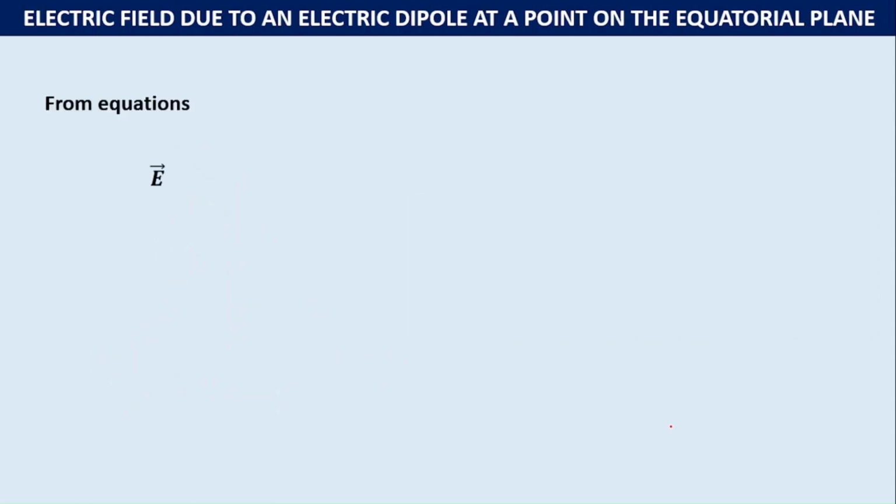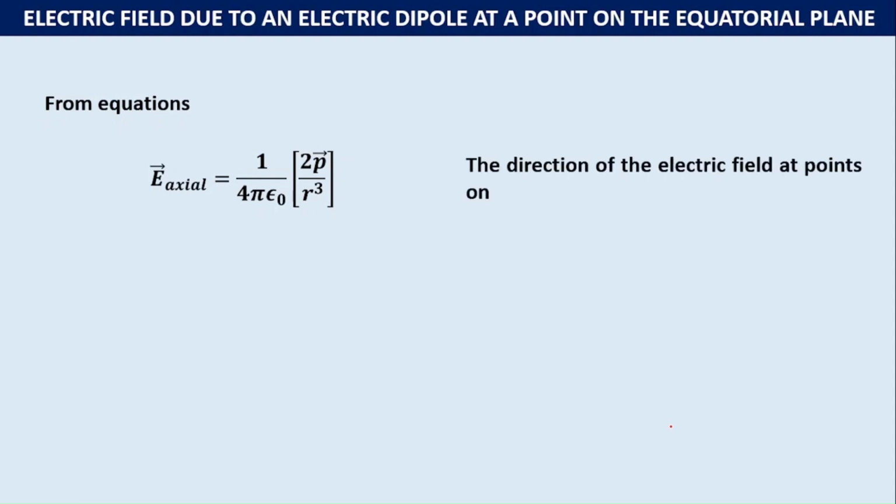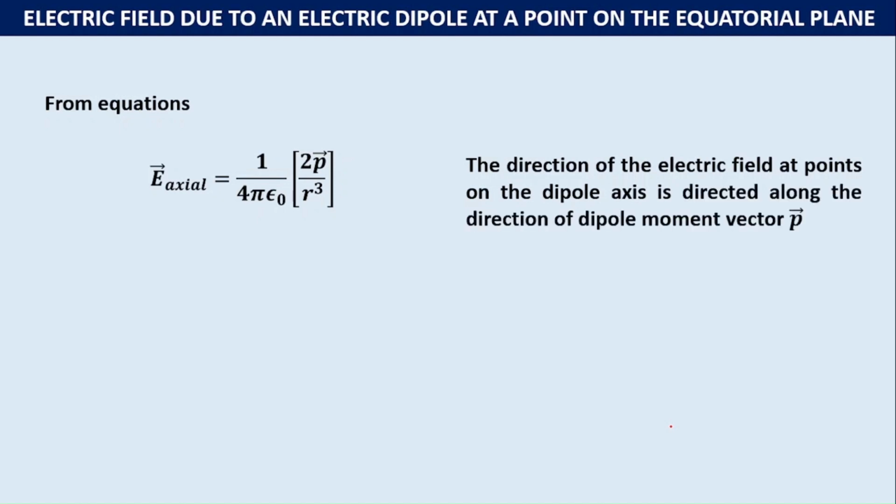From the earlier equations, E axial vector equals 1 by 4 pi epsilon naught 2 p vector divided by r cube. Here the E axial direction and p direction are along the same direction. The direction of the electric field at a point on the dipole axis is directed along the direction of the dipole moment vector p.